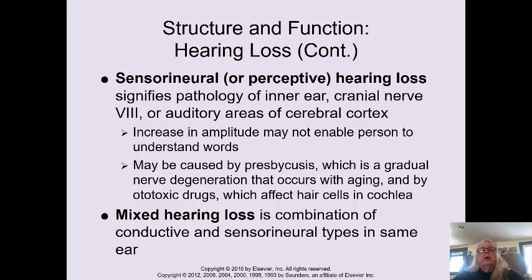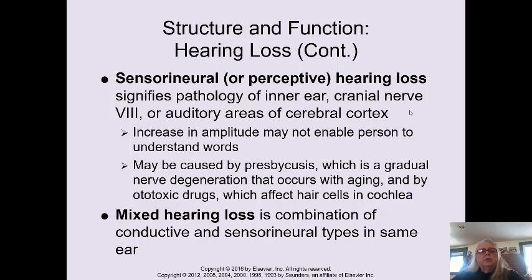Sensorineural is a hearing loss that occurs with cranial nerve 8, remembering that you need to know your Roman numerals, and it doesn't matter how loud somebody talks, you may still not be able to hear them. You may not be able to understand the words that they're saying.